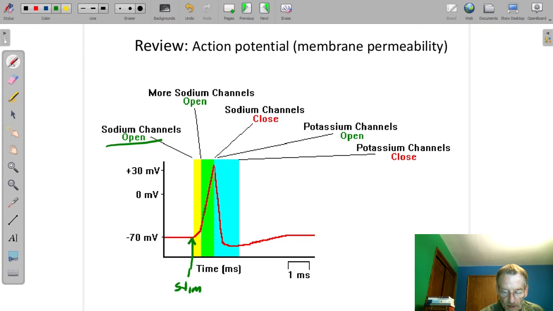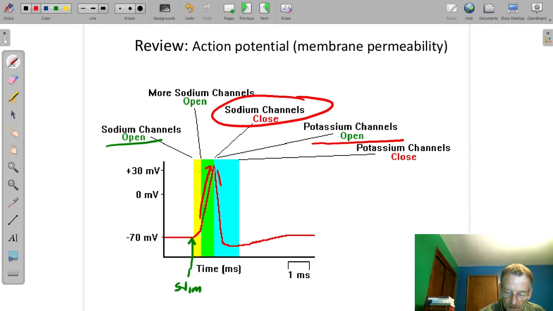So we have a very rapid depolarization as lots of sodium channels open, sort of by positive feedback. They then close near the top, and then potassium channels open during the blue. So all the while during the blue, the potassium is flowing out and repolarizing the cell. Okay?